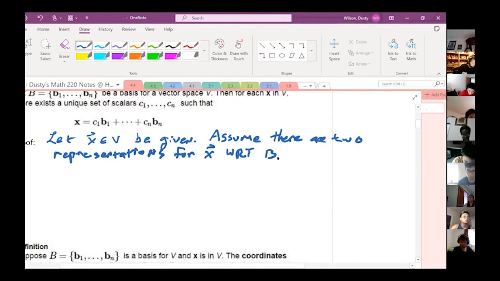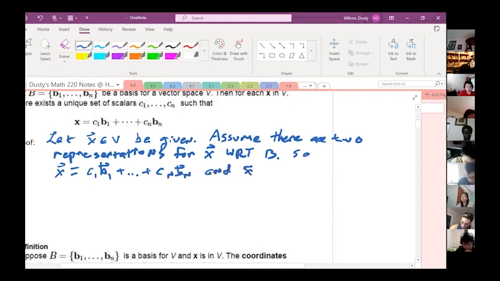So what would this mean? Well, this means that there are a whole bunch of c's and b's. So we got x equal to c1 b1 plus plus cn bn, and x is equal to d1 b1 plus plus dn bn.